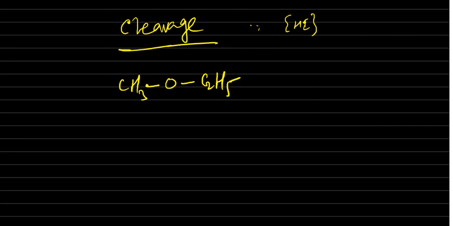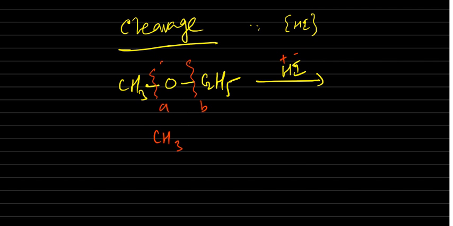Where will the bond break? Either at position A or position B. If at A, HI gives H plus and I minus; I minus is the negative particle and alkyl is the positive.